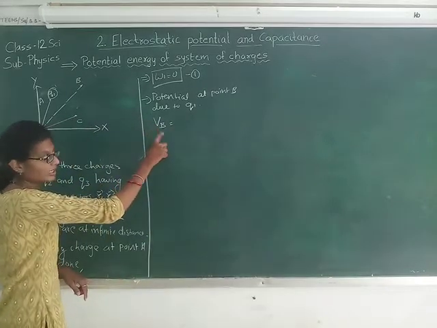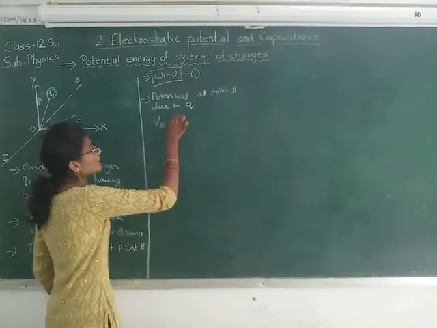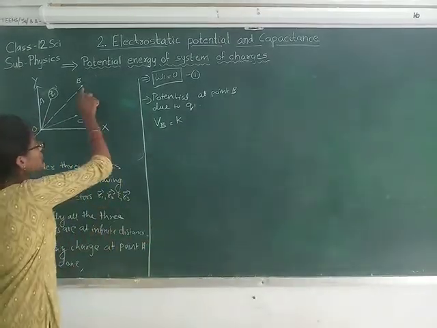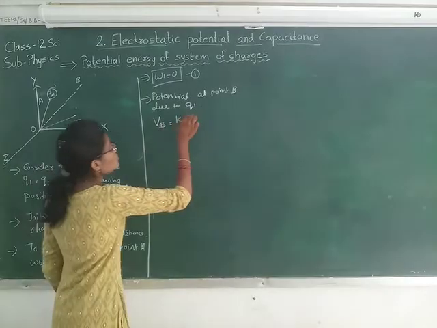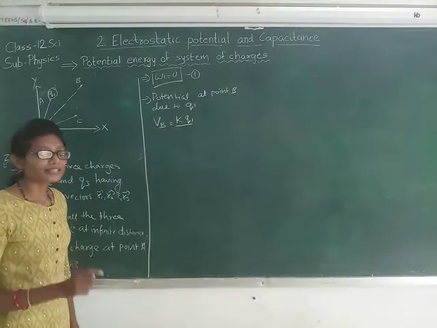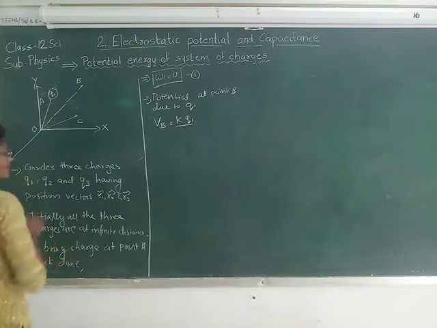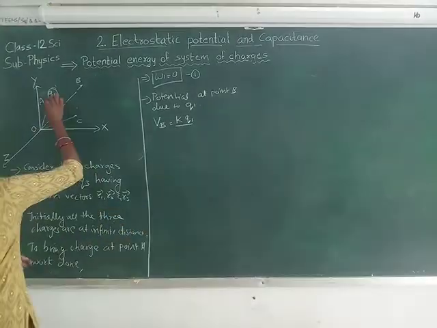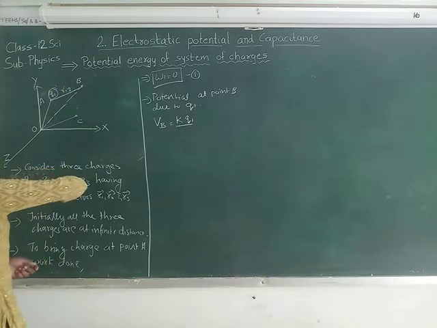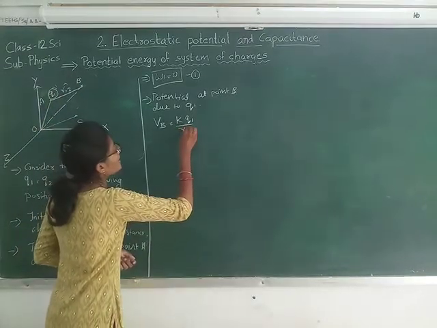Potential at point B is equal to what? The general formula is KQ upon R, right? Here K is the Coulomb's constant. Potential at this point due to which charge? Due to the Q1 charge. So it is KQ1 upon R, where R is nothing but the distance between point B and charge Q1. So let us consider that as R12. It is R12.